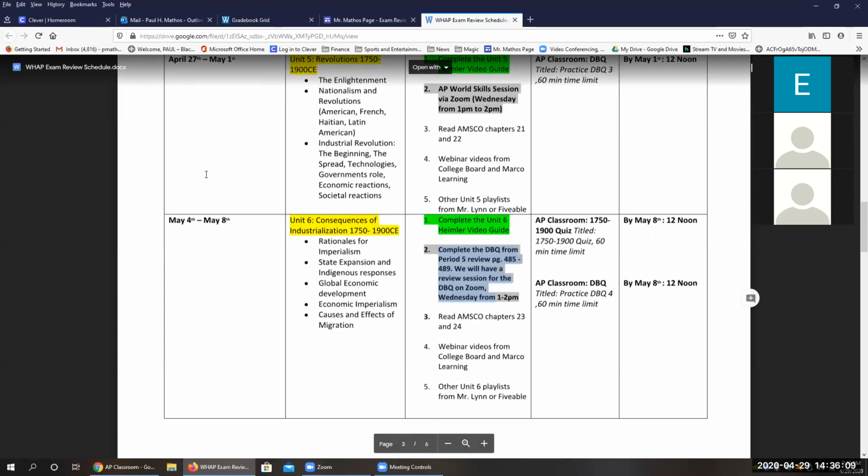Now I'm going to stop my share here for a second. In order to make this actually a timed DBQ like the one we're going to be completing for college credit, you're going to take out some of these documents because this is a regular 7-document DBQ. All right? I don't want you to use 4 and 5.